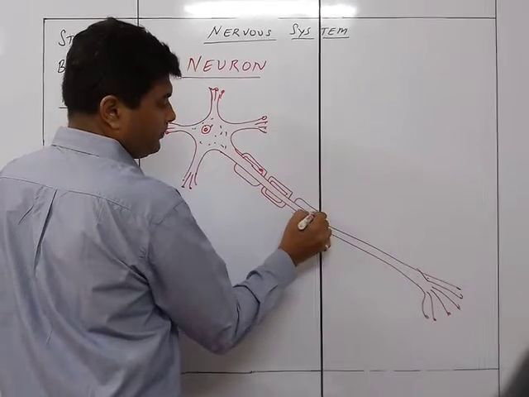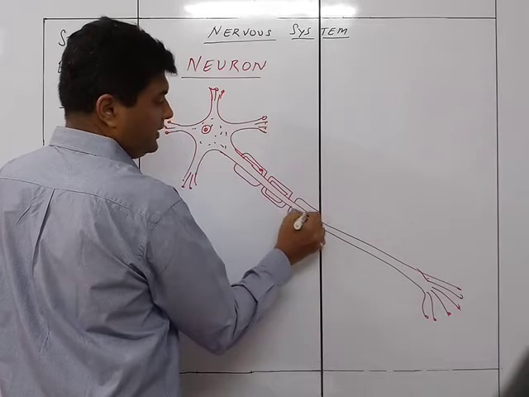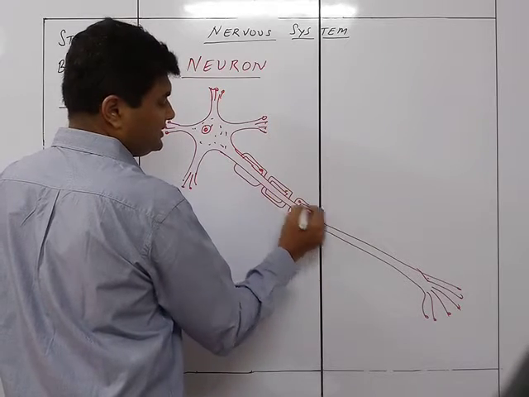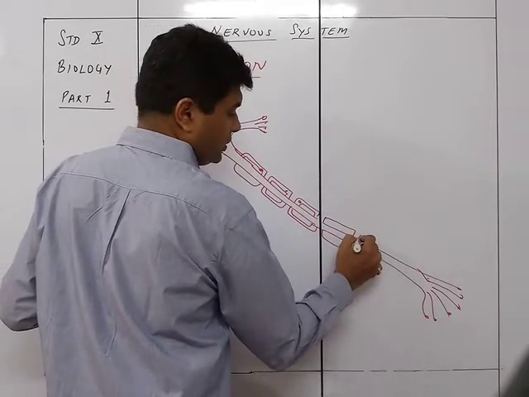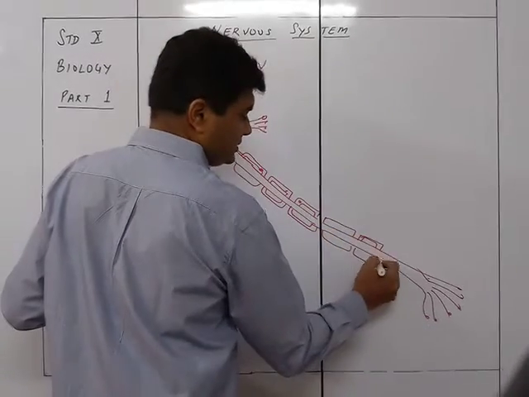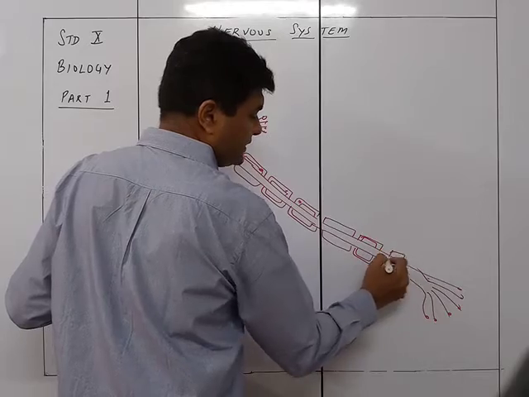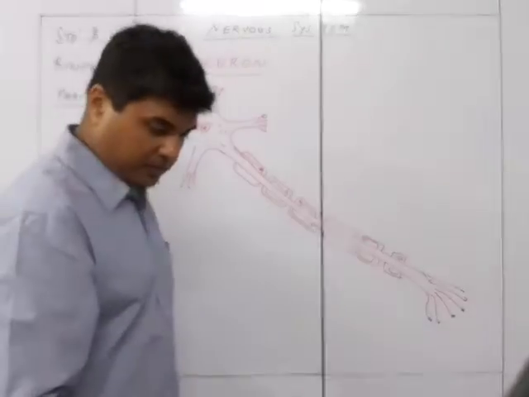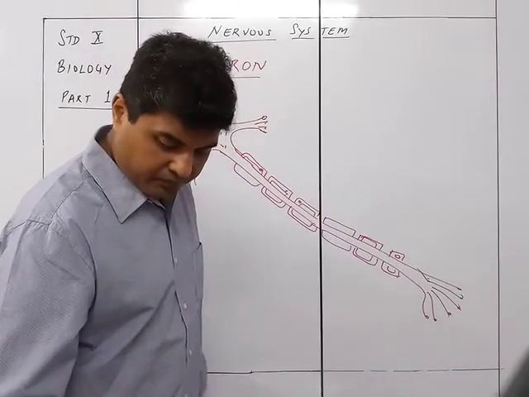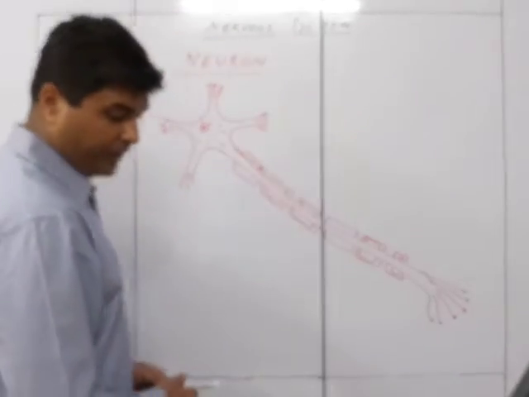So these are the covering or the insulating sheaths which are present on the axon. So we'll just draw this and then label this also properly. So that is about the figure, and now let's see the labeling point of view.